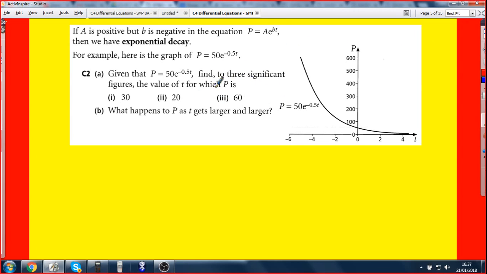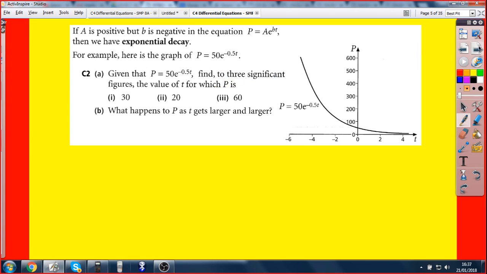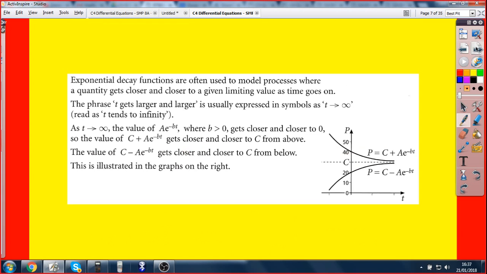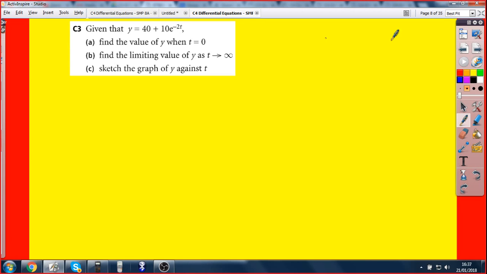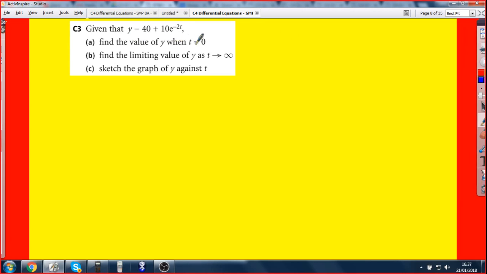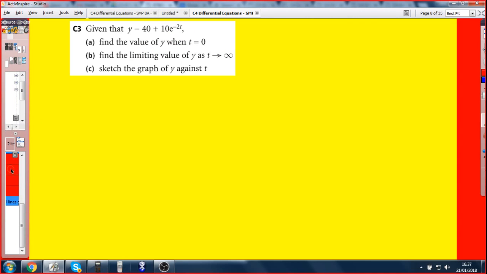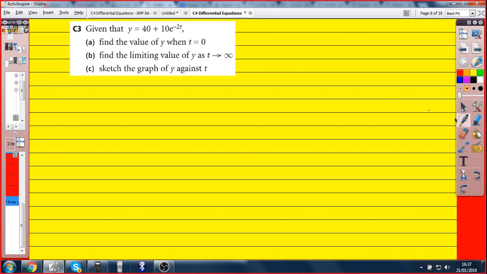What happens as this gets larger? Pt, exponential decay. Yeah, I think you're gonna be okay there. Given that y is equal to this, find the value of t. So you're just subbing in t equals 0. I suppose what is y equal to when t approaches infinity for this one?